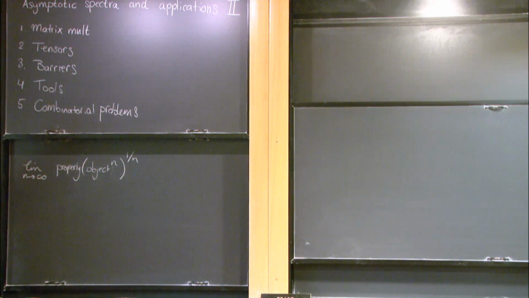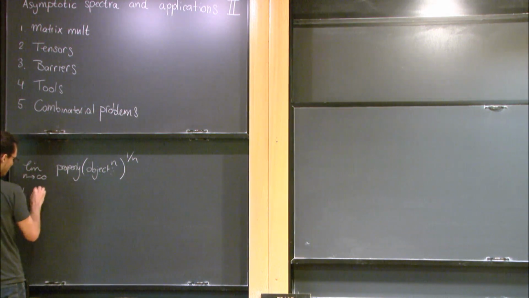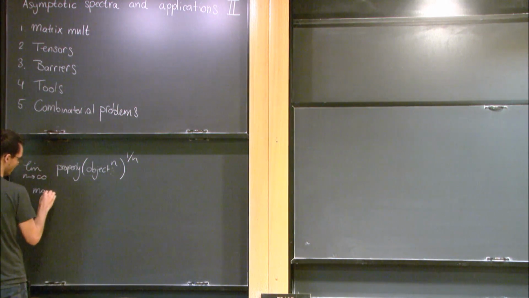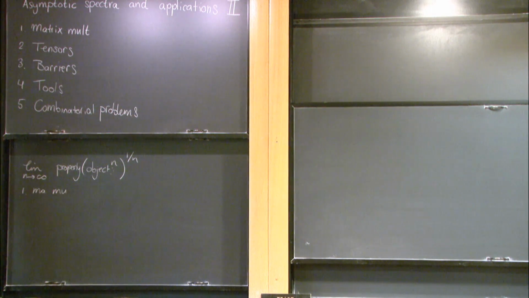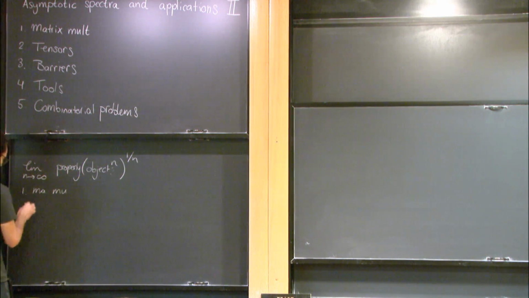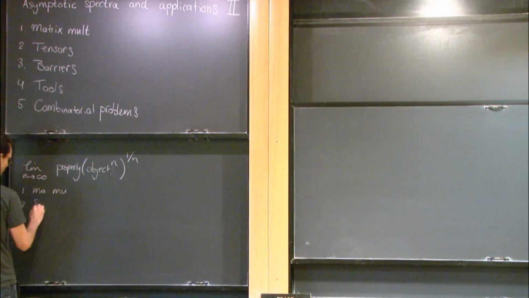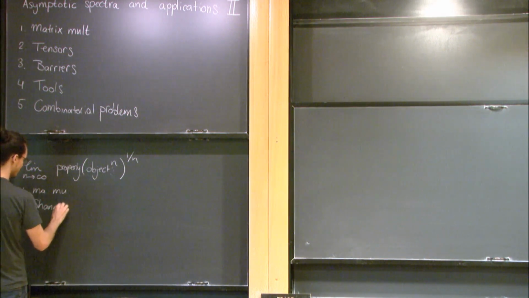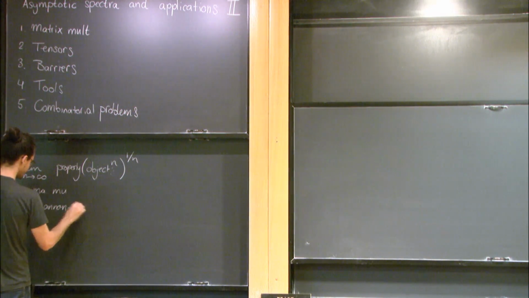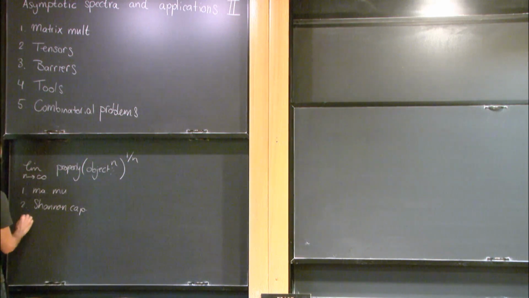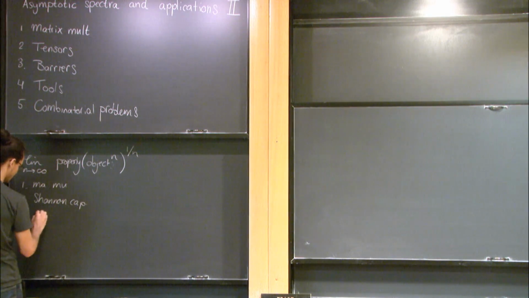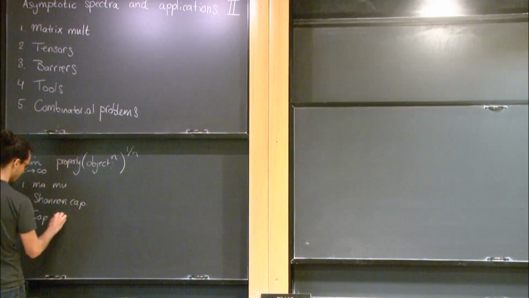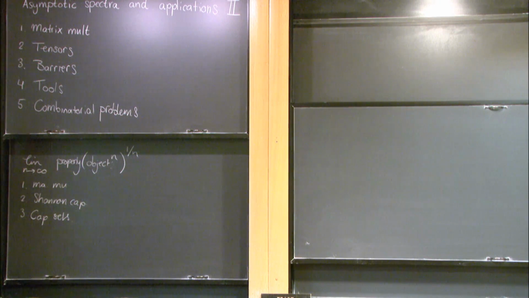And we looked at some examples last time. The first example that I gave was matrix multiplication. We're going to talk a lot about matrix multiplication today. The second one was Shannon capacity. The third example, which I'll also talk about today, if we get there, is about cap sets.